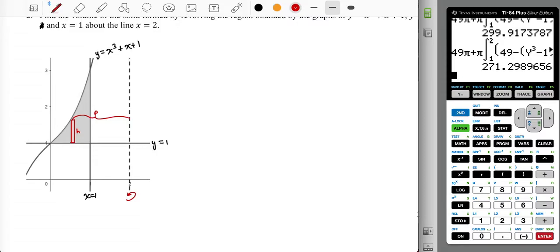That height, I don't know what it is, but I do know that it is dependent on the location on the curve, which is y units off of the x-axis. The bottom of which is 1 unit off of the x-axis.